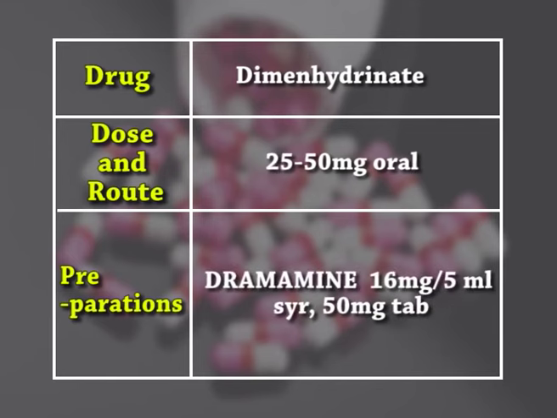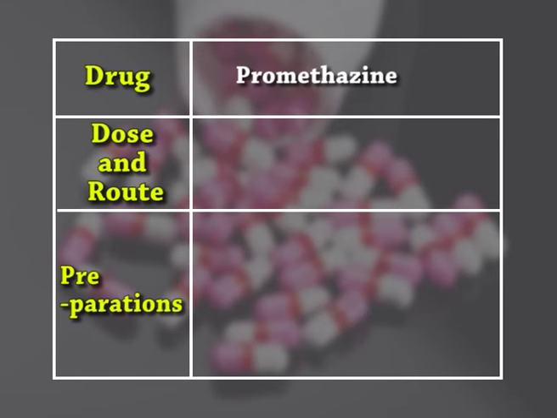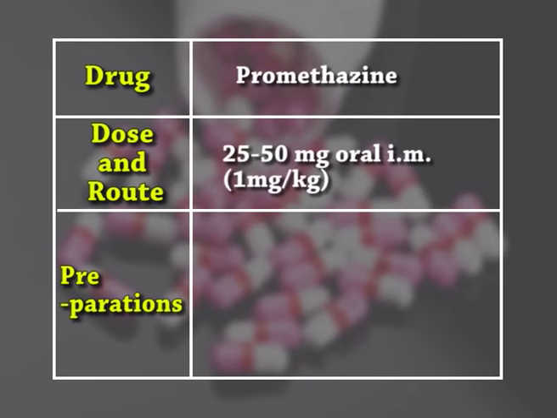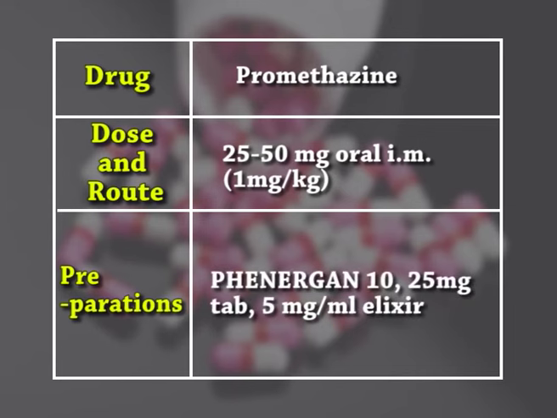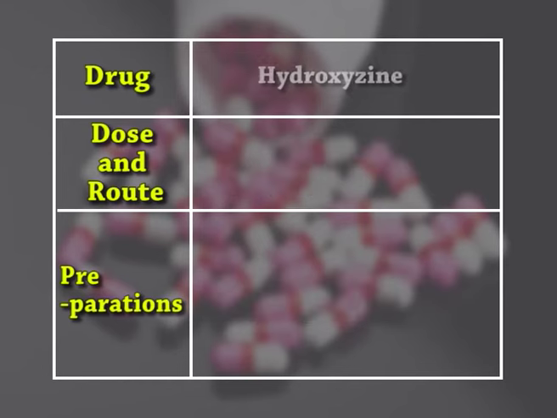Preparations include Dramamine. Third is promethazine, given in a dose of 25 to 50 mg, route oral or intramuscular, and the preparations include Phenergan. Fourth is hydroxyzine, given in a dose of 25 to 50 mg, route oral.